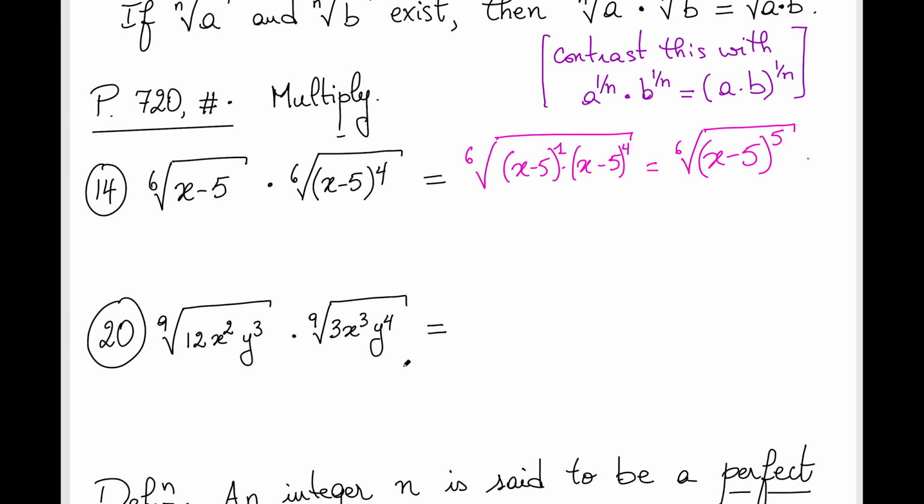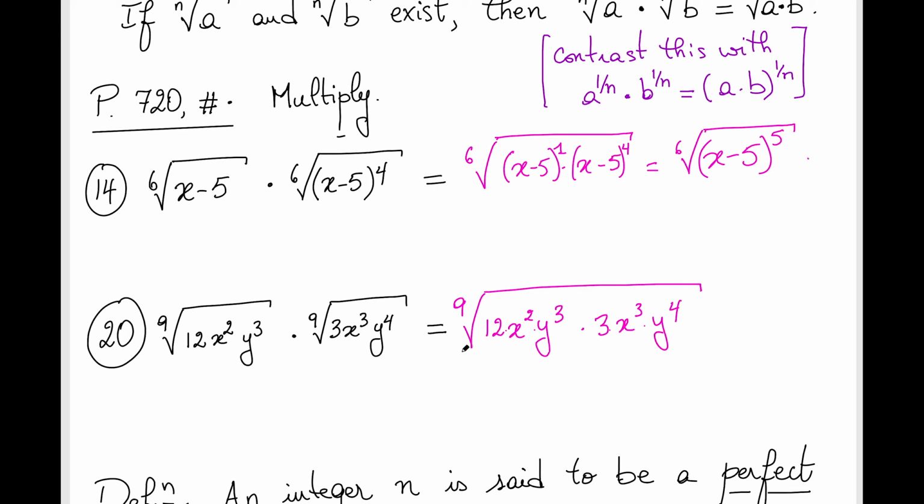So this becomes the same as the 9th root of 12x squared y cubed times 3x cubed y 4. Correct? And the convention is whenever we don't write the operation, we mean it's a multiplication, right? So this is a multiplication here, a multiplication here, a multiplication here, and a multiplication here, correct?